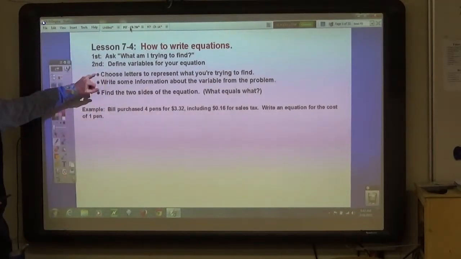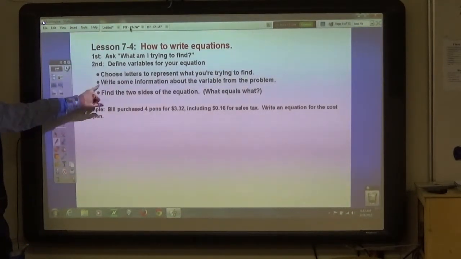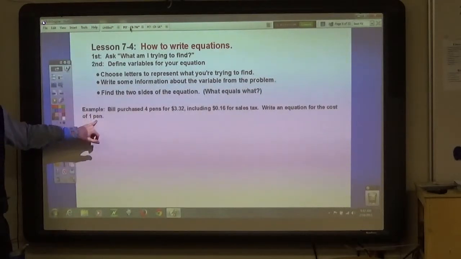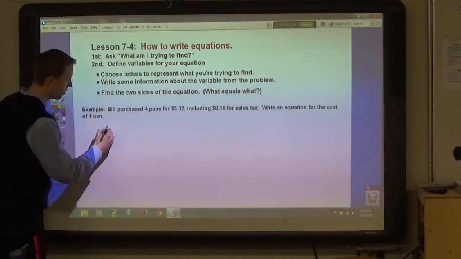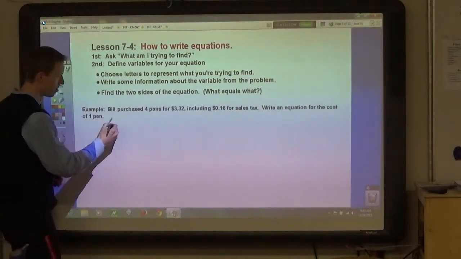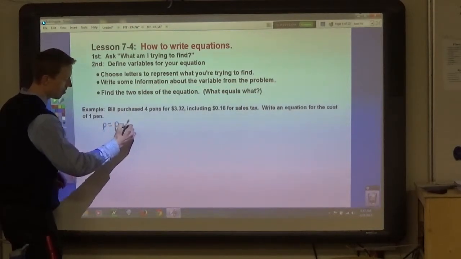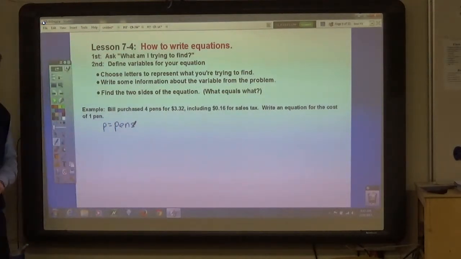The first thing we need to do is write down a variable. We're going to find 1 pen. We don't know how much the pen costs, but let's use P for pens. Cost of the pen.